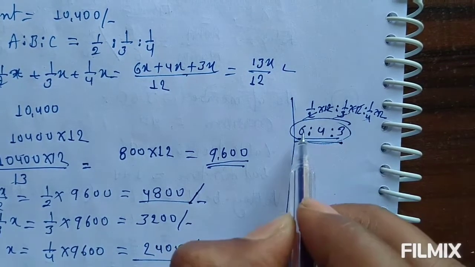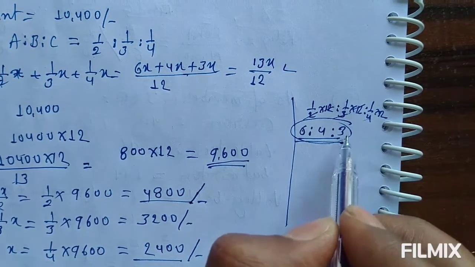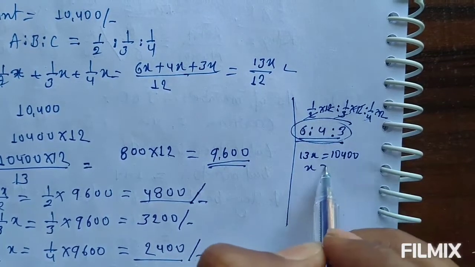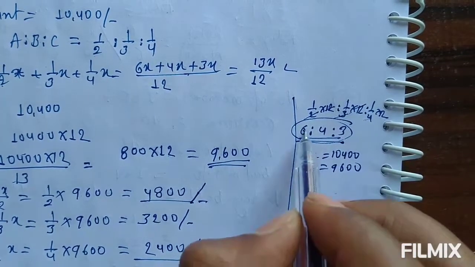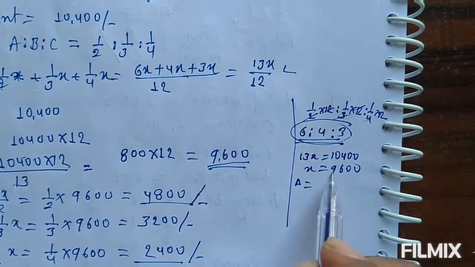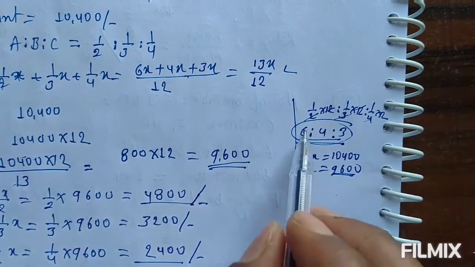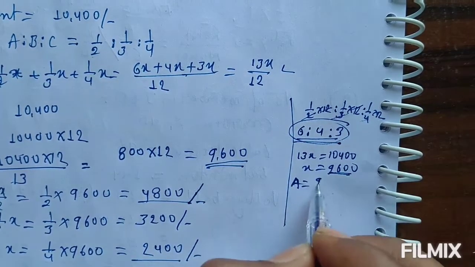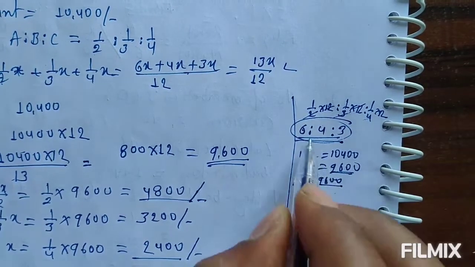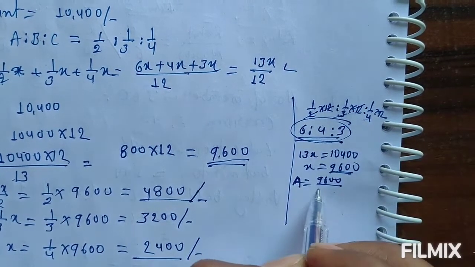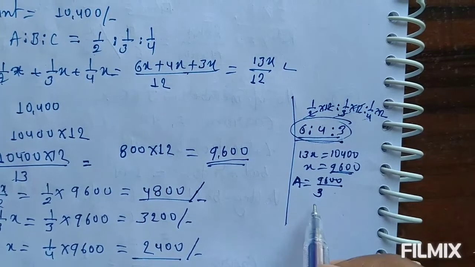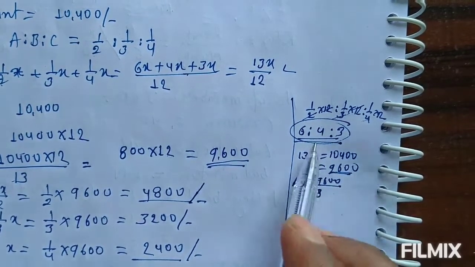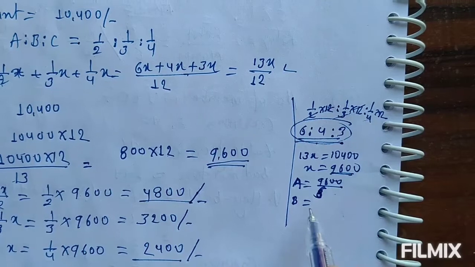Now taking this 6 plus 4 is 10, plus 3 is 13. So the value of 13x equals 10,400, x will be 9,600. Then part of A equals 9,600 multiplied by 6x equals 9,600.